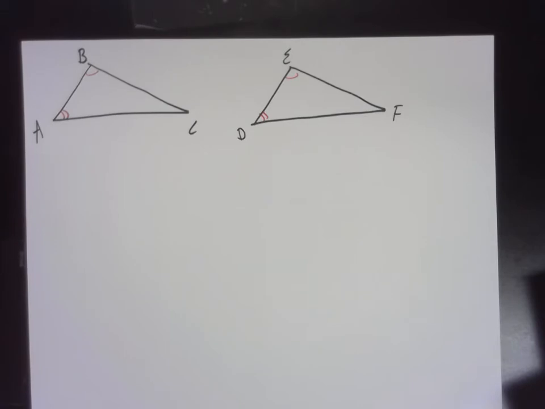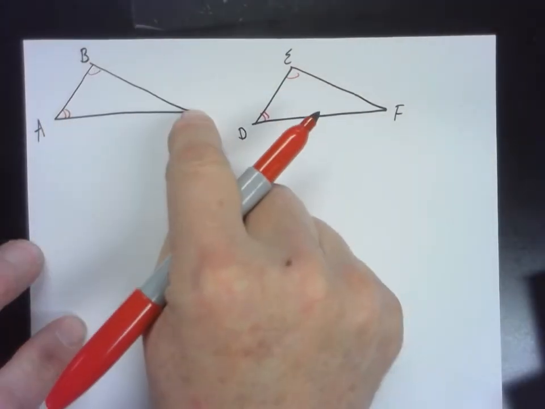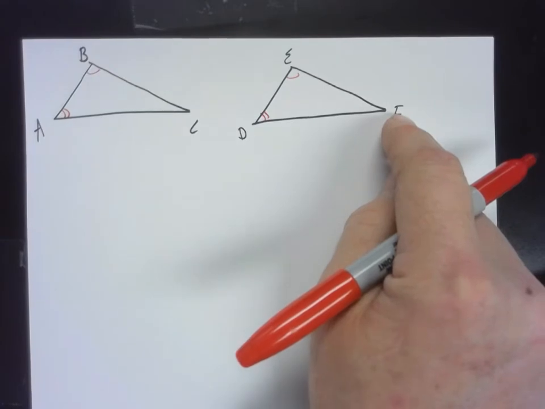How do you know? These three angles, what do they add up to? And how do you know? What's that theorem? Triangle sum theorem.